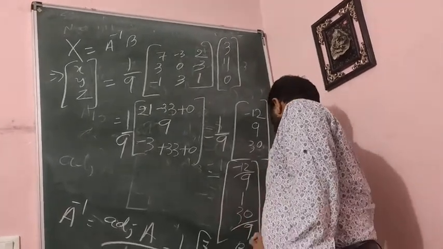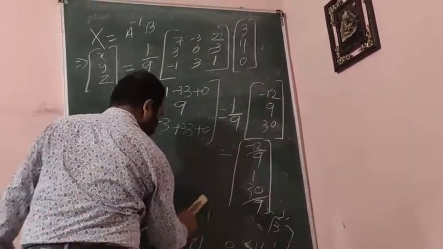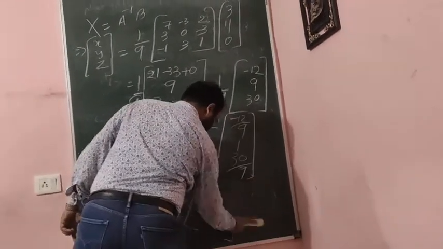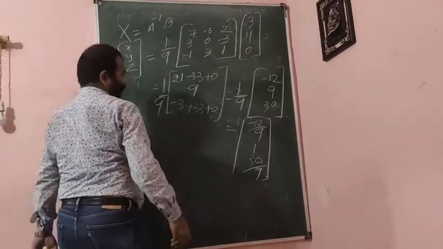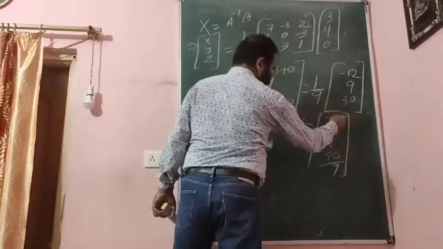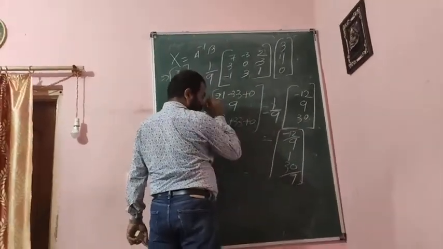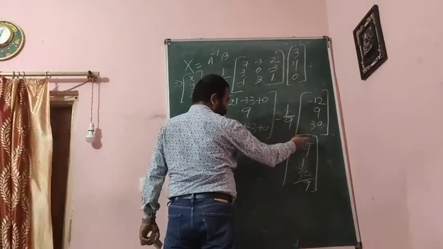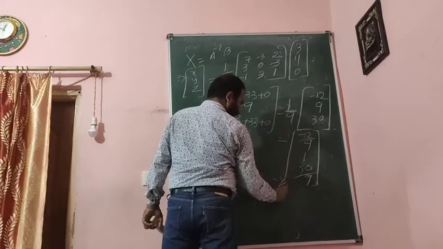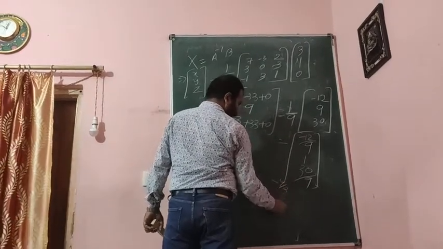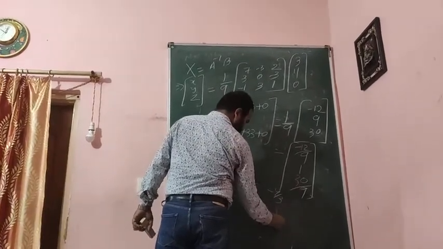You see, this is the multiplication only that I have done. If you find the smallest form, it is 4 into 3, 3 into 4, so here minus 4 by 3, here 1, and here 10 by 3.